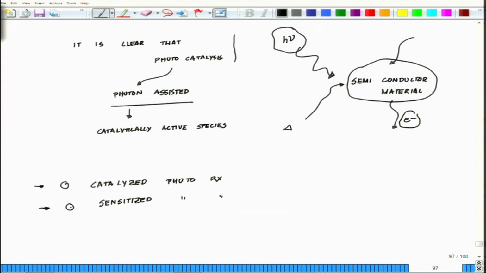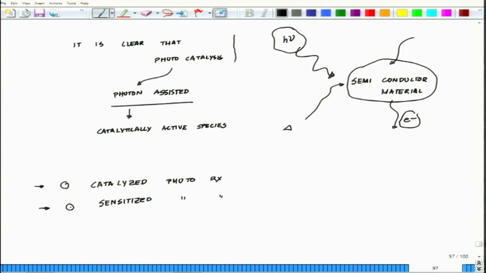Okay. Catalyzed photoreaction, if on the other hand the initial photoexcitation takes place in the catalyst substrate and the photoexcited catalyst then interacts with the ground state adsorbate molecule, the process is a sensitized photoreaction. And in most cases, heterogeneous photocatalysis refers to semiconductor photocatalysis or semiconductor sensitized photoreaction.